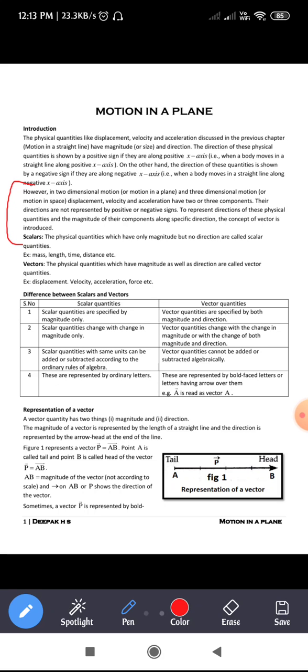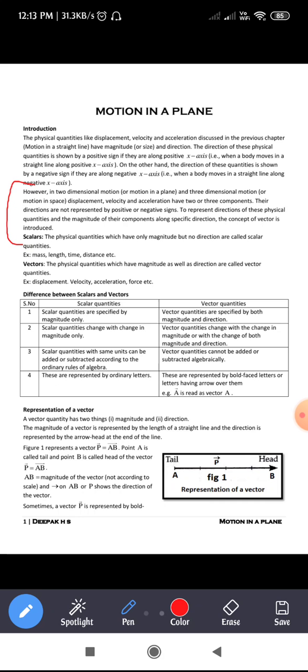Coming to the first difference, scalar quantities only represent magnitude, while vector quantities represent both magnitude and direction. Coming to the second point, scalar quantities change with a change in magnitude only, while vector quantities change with a change in magnitude or direction, or both.